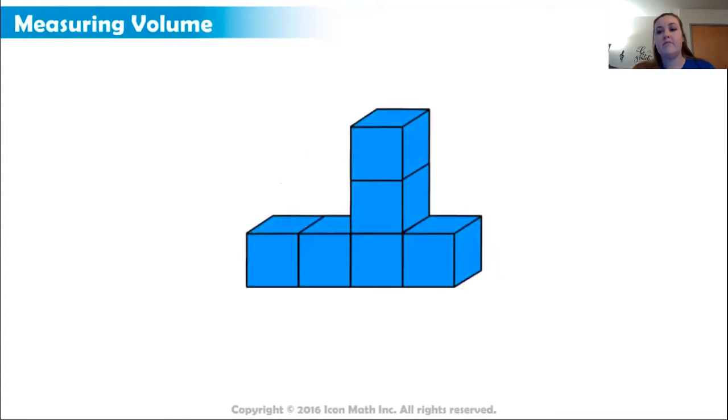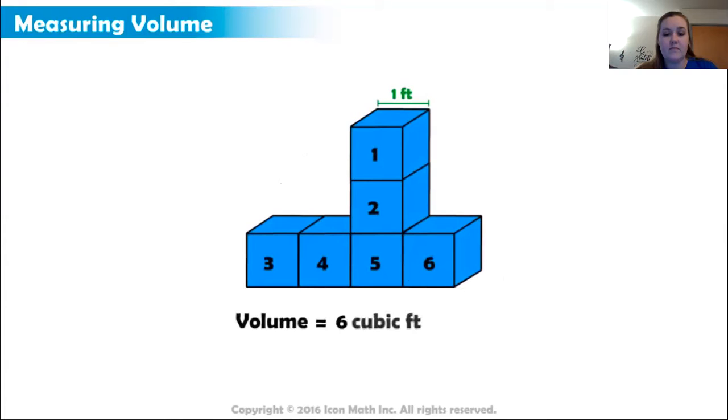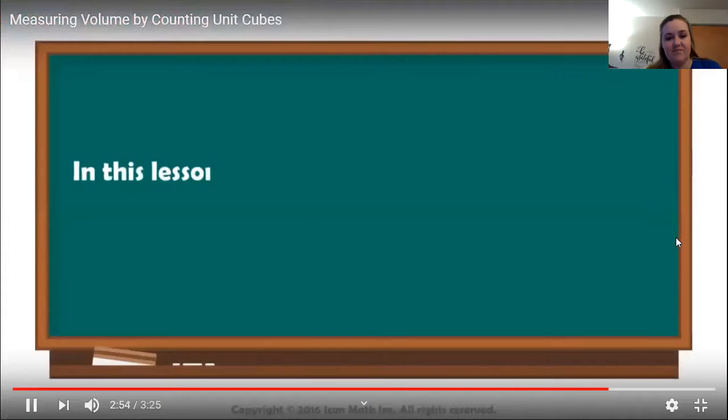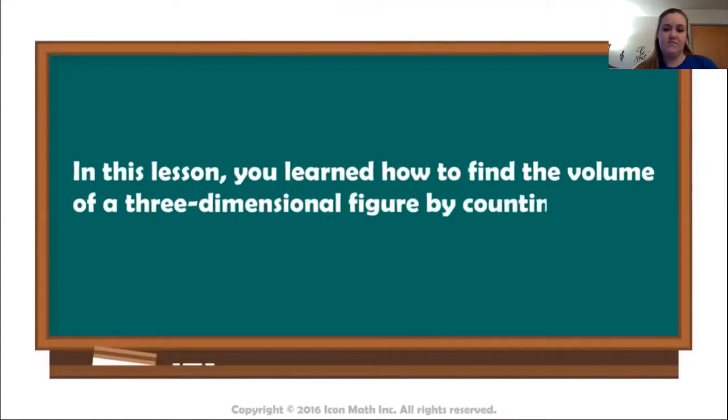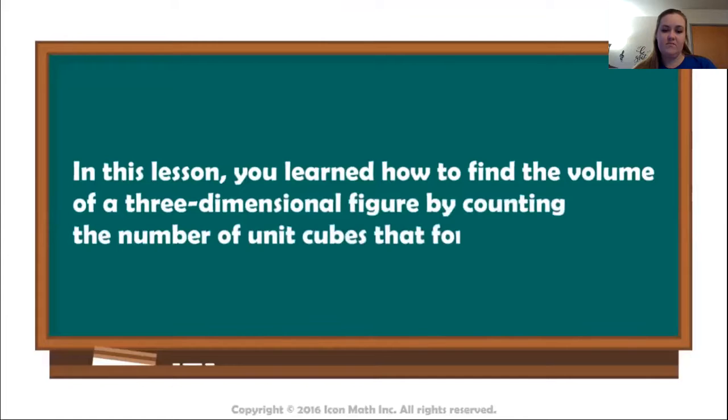And the last figure is made of 1 foot cubes. There are 6 of these cubes that form the figure, so its volume is 6 cubic feet, or 6 feet cubed. Great work! In this lesson, you learned how to find the volume of a three-dimensional figure by counting the number of unit cubes that form it.